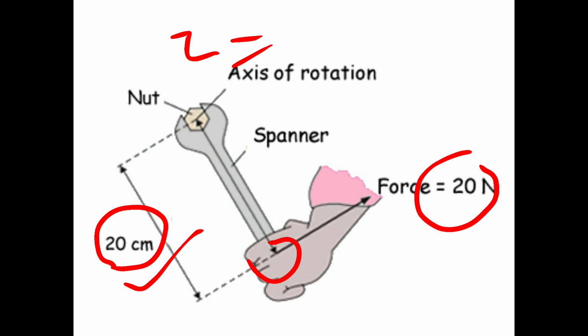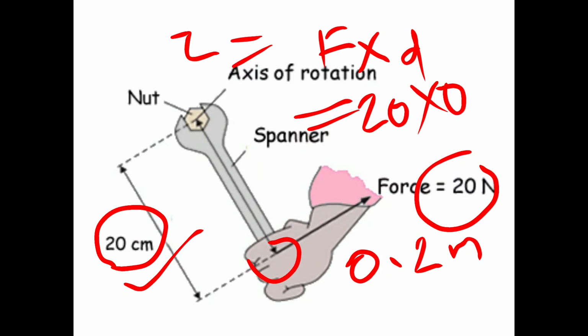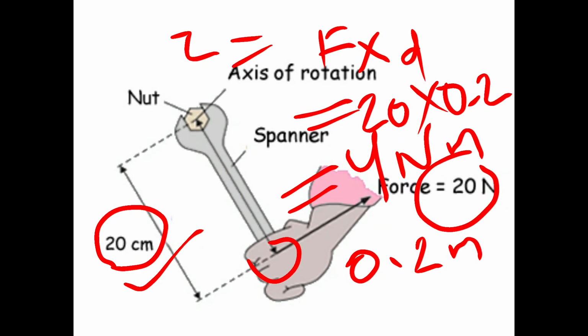So how much? 0.2 meters, and this is the force. So force multiplied by distance will be equal to 20 multiplied by 0.2. That will give you the value 4 Newton meter.